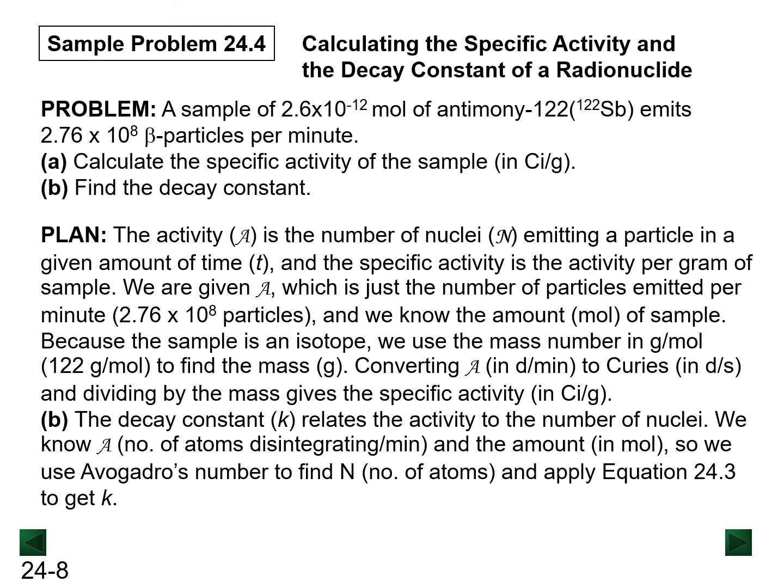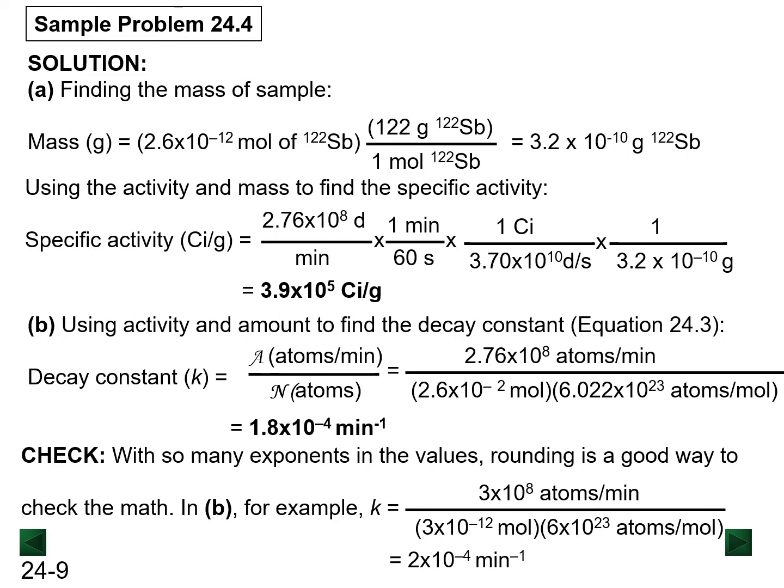Here is an example of a question that needs you to calculate the specific activity and the decay constant. The information given to you is the activity of the sample and the moles of the sample. So you need to find the specific activity in units of Ci per g.